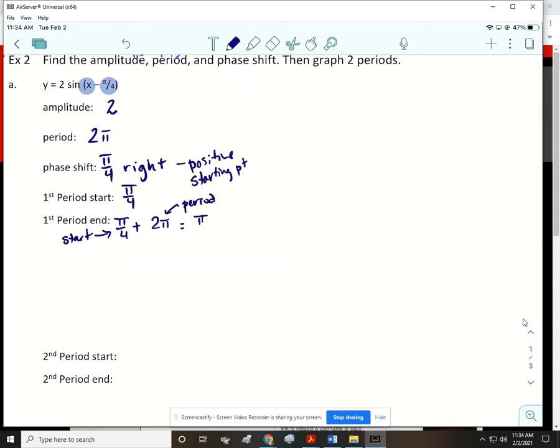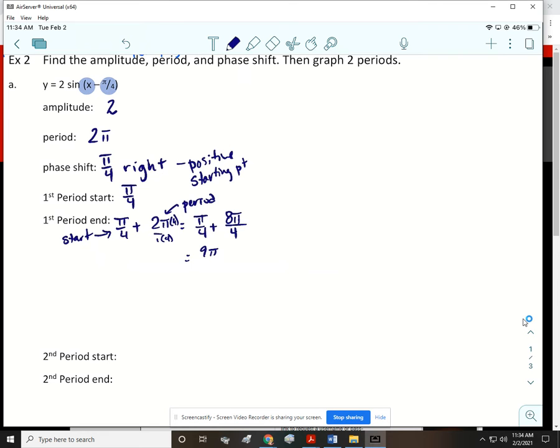You have to take the starting point, and when we add fractions, we need a common denominator, and that common denominator is 4. So if I want to write 2 pi as something over 4, I would multiply the top and bottom of the fraction by 4, so it's going to be 8 pi over 4, so the end is 9 pi over 4.